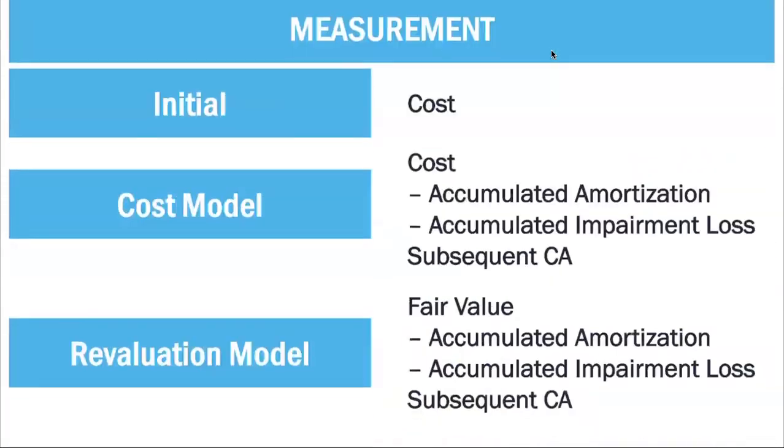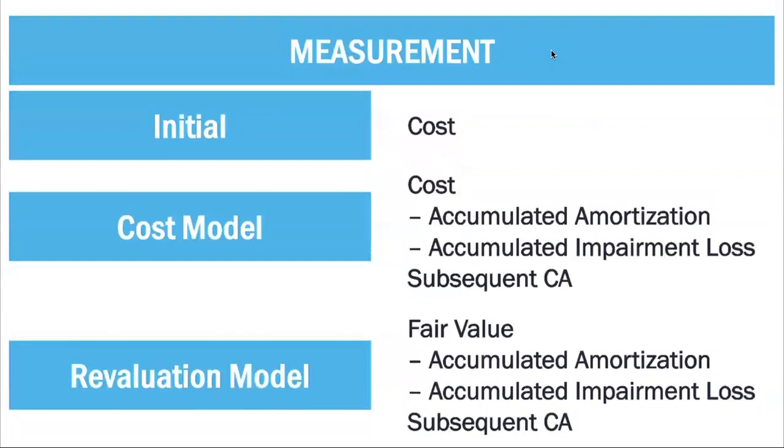Now, how do we measure intangible assets? We go now to measurement. We talk about initial and subsequent measurement. Initially, we measure it at cost, and subsequently, we still use the cost model or the revaluation model.